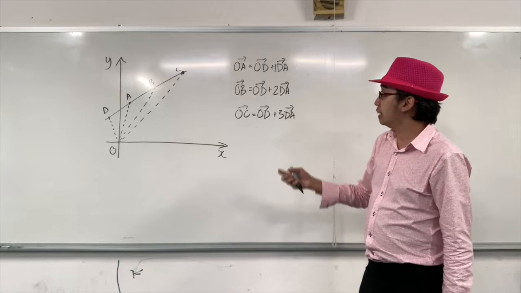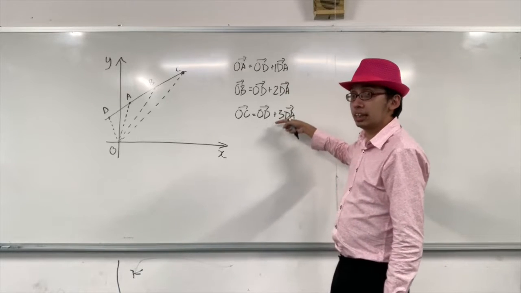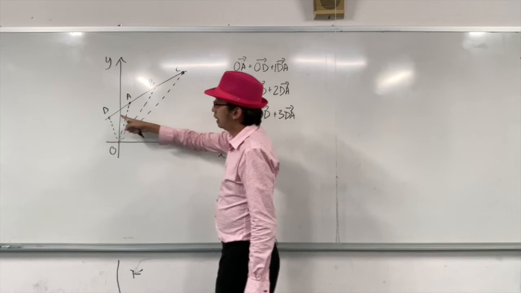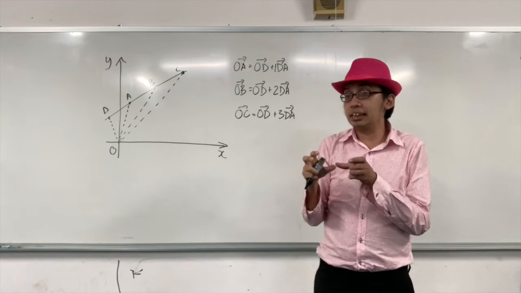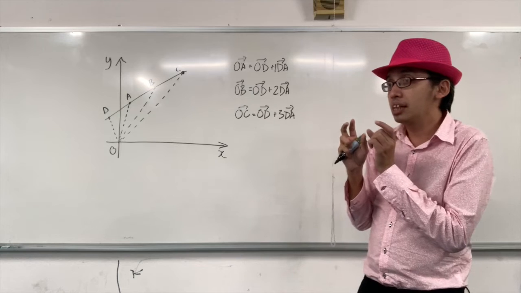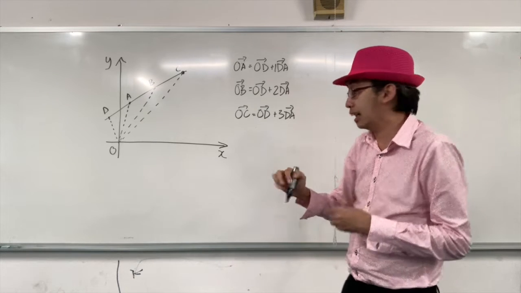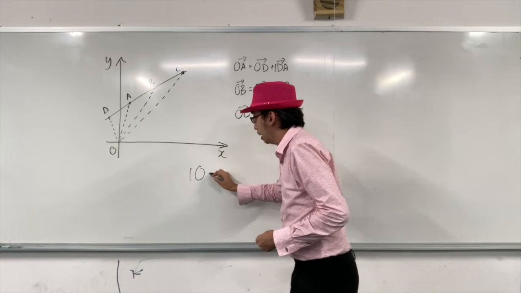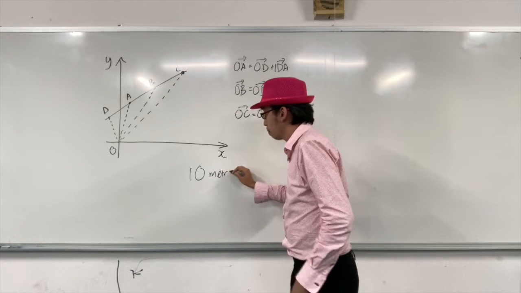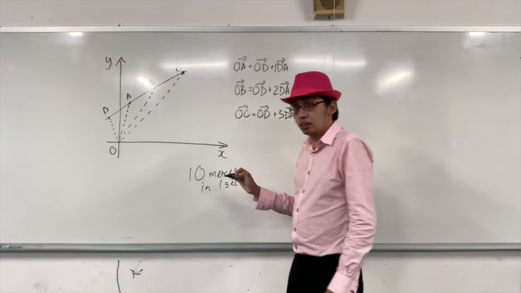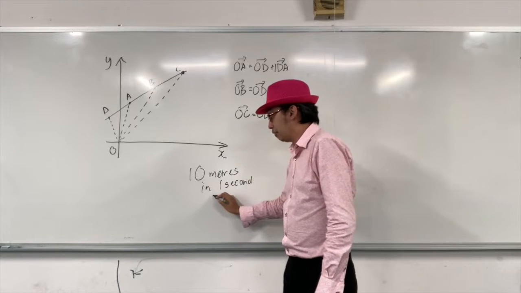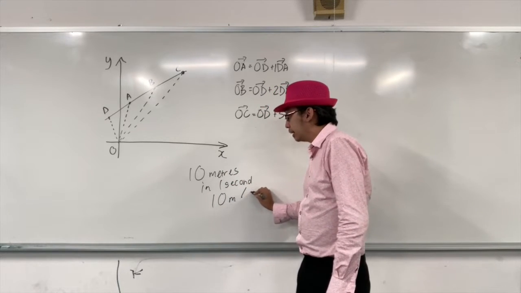Whereas for the dA, when I say that it can travel from D to A in 1 second, for instance, if I say it can travel 10 meters in 1 second, it also means that I can travel 10 meters per second.